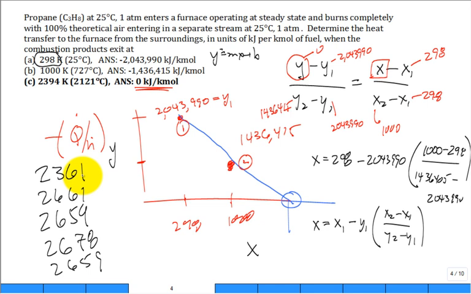Okay, add 298 to that. Guess what? He's a genius. I should have seen that. Right? What do you get? 2659. Very good.